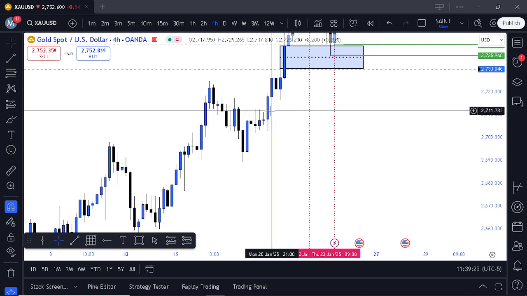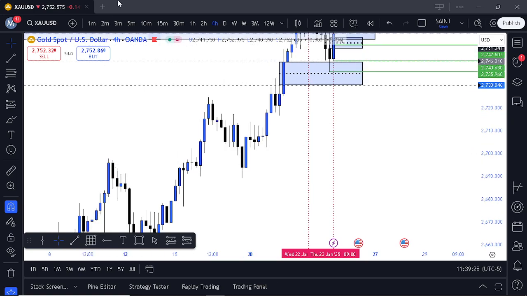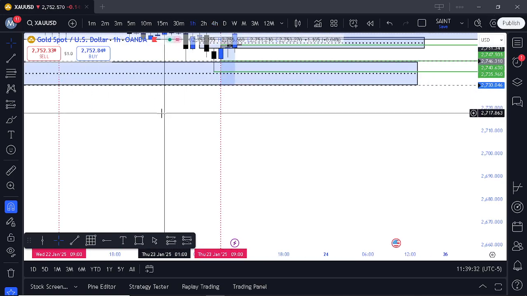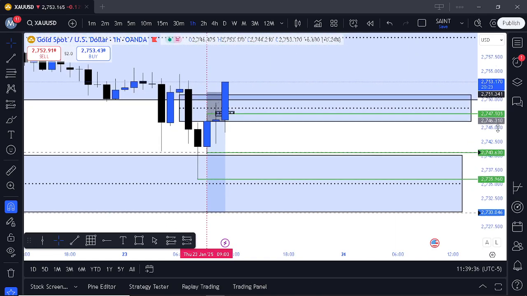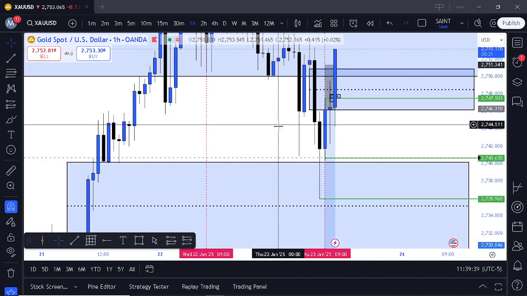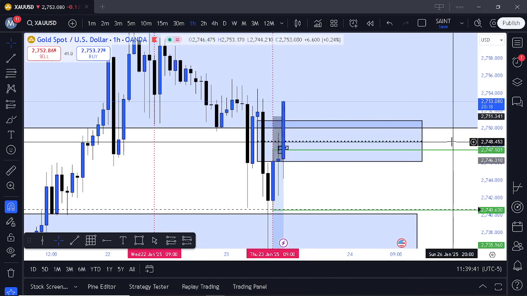So that was the reason for my bias being bearish, even though we weren't really in a downtrend on the 4 hour. But that's just my mistake today, and I could have done better on that.